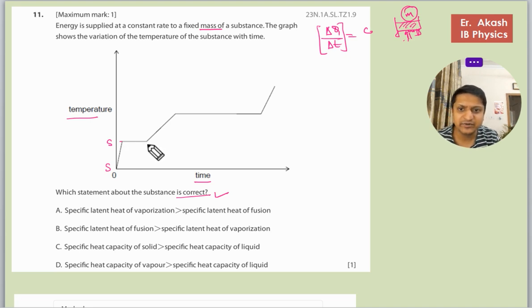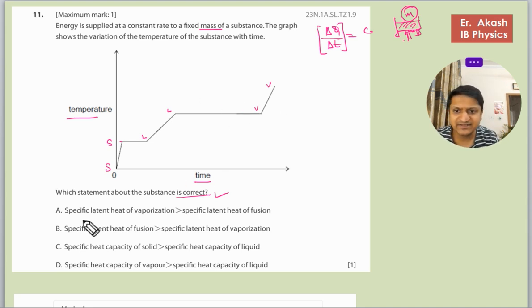So at this point it becomes liquid, and then we have given additional heat with the temperature not increasing, and this material has been vaporized, and up to this the temperature of the vapors has been increased.